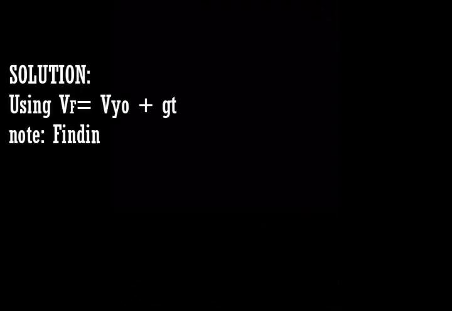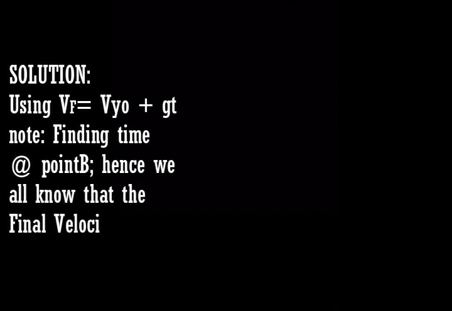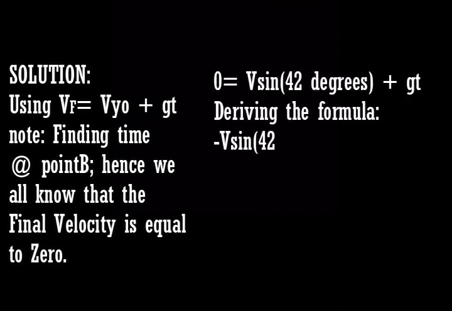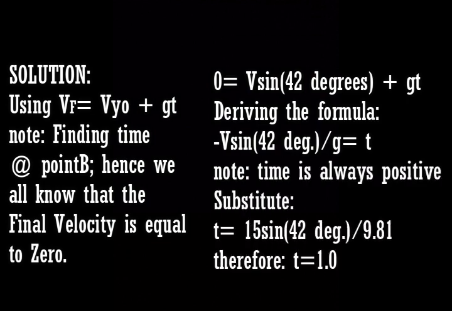So let's solve. Using the formula, final velocity is equal to initial velocity plus gravity times time: Vy final is equal to Vy initial plus gravity times time. Finding the time at point B, since we know that the final velocity is equal to 0, we just substitute the given values. 0 is equal to V sine theta, or 42 degrees, plus gravity times time.